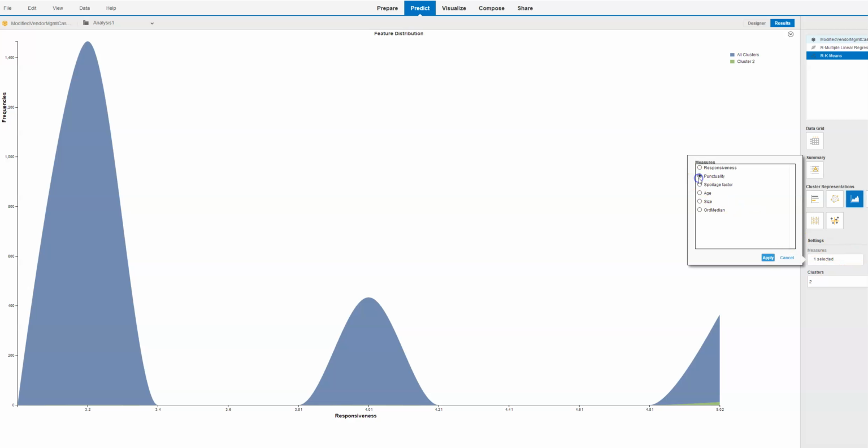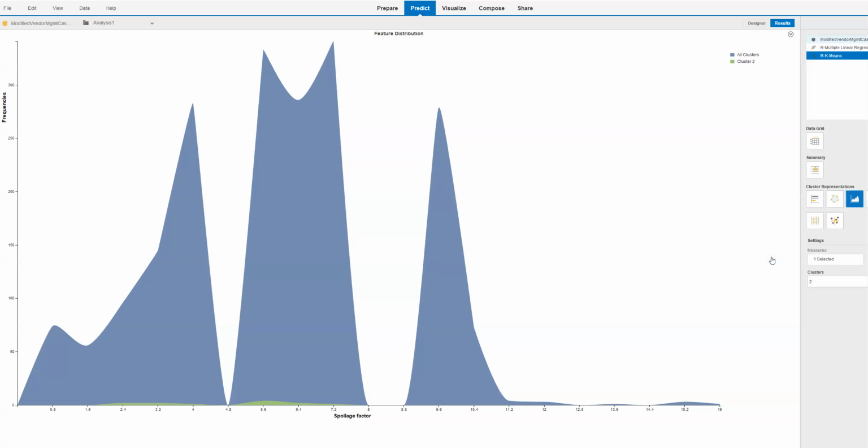And if I look at punctuality, again cluster 2 is very high. Spoilage factor, so it is something like intermediate. So lower the value, the better it is. So again, cluster 2 is what seems to be a very nice cluster.